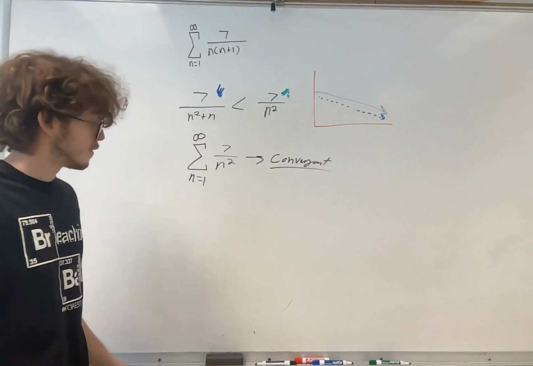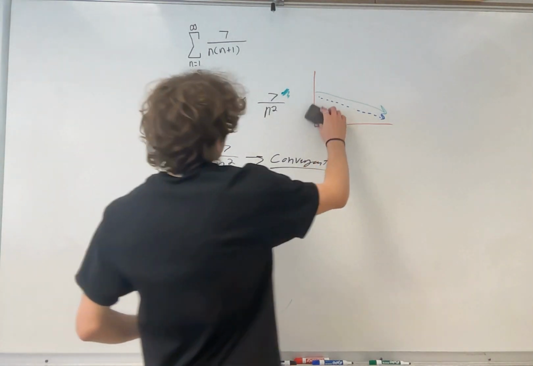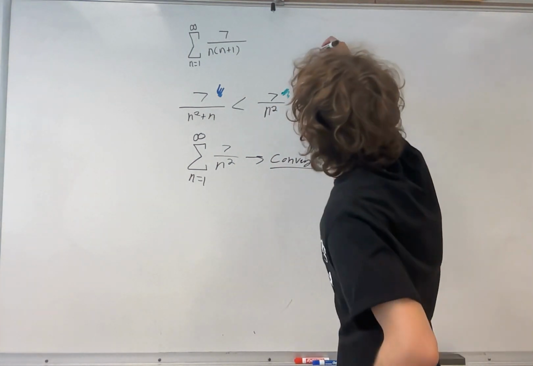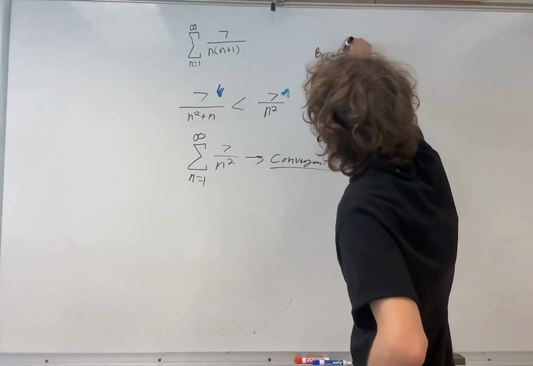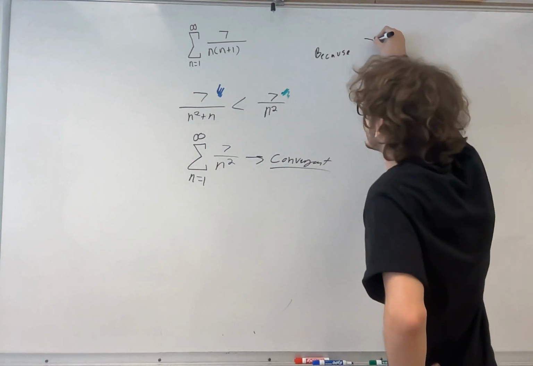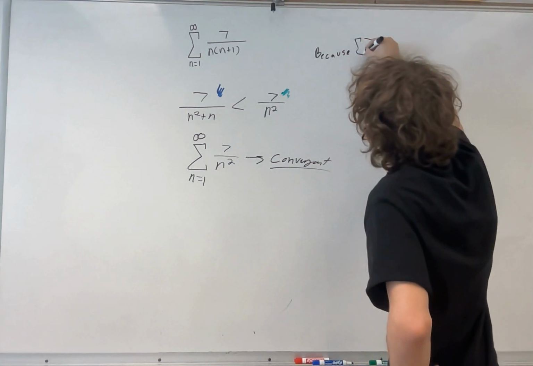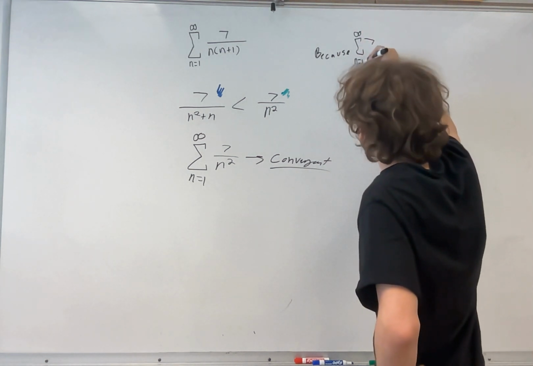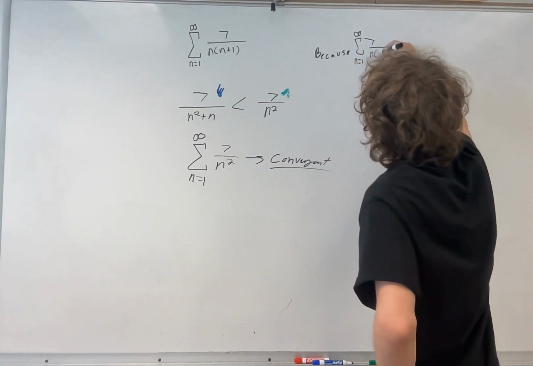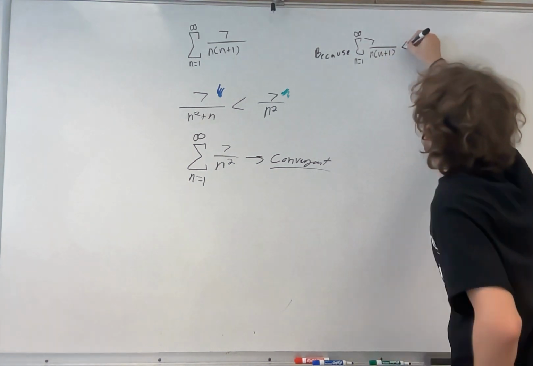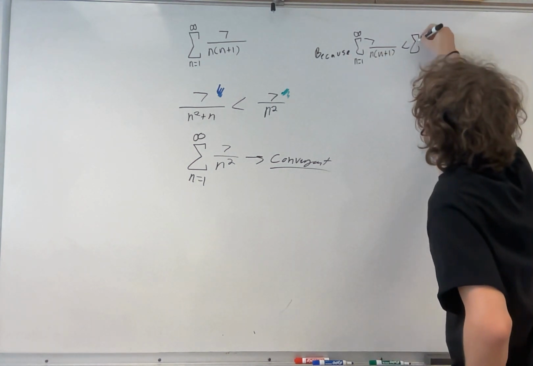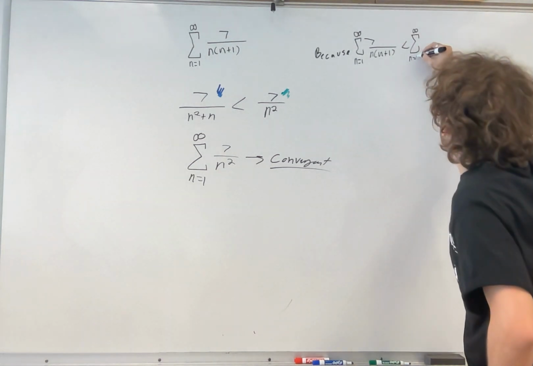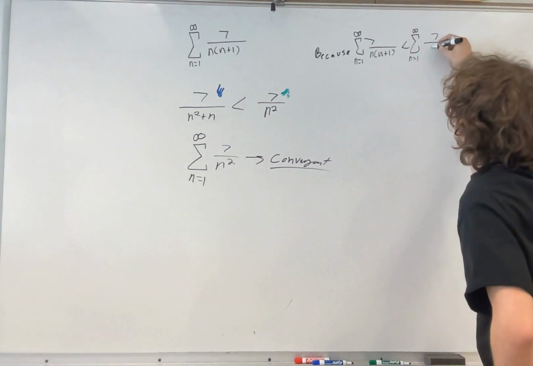So we're going to say, for our answer, because the series from n equals 1 to infinity of 7 over n squared plus n is less than the same series but without that plus n factor, so 7 over n squared.